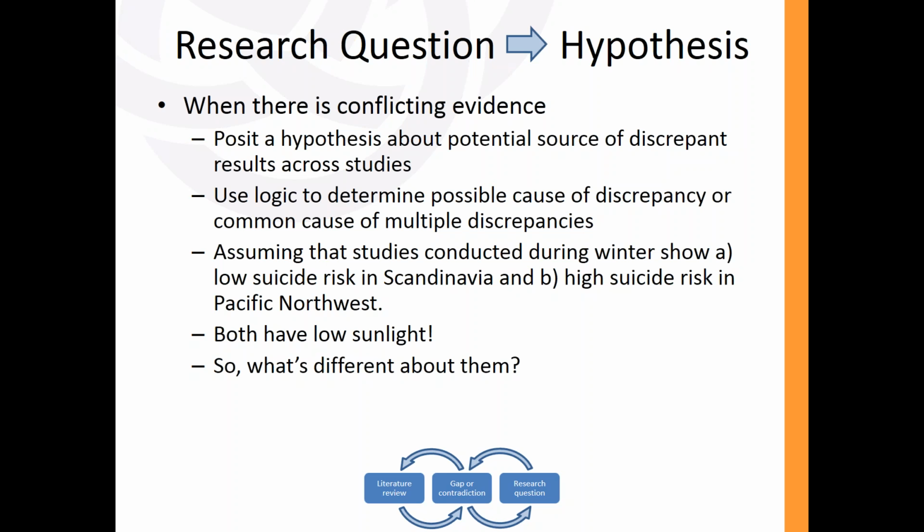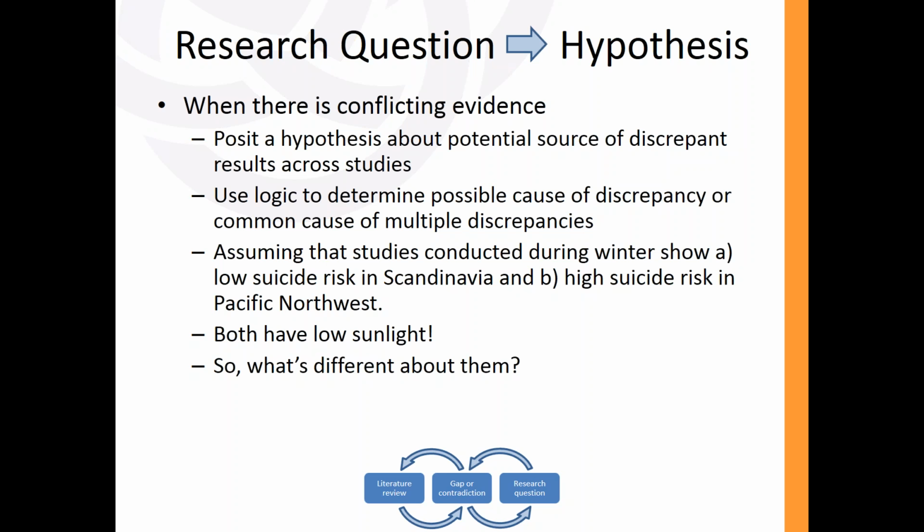Let's assume that the literature shows that studies conducted during winter, all studies conducted during winter show A, low suicide risk in Scandinavia, and B, high suicide risk in the Pacific Northwest, you know, like Oregon, Washington State here in the United States.